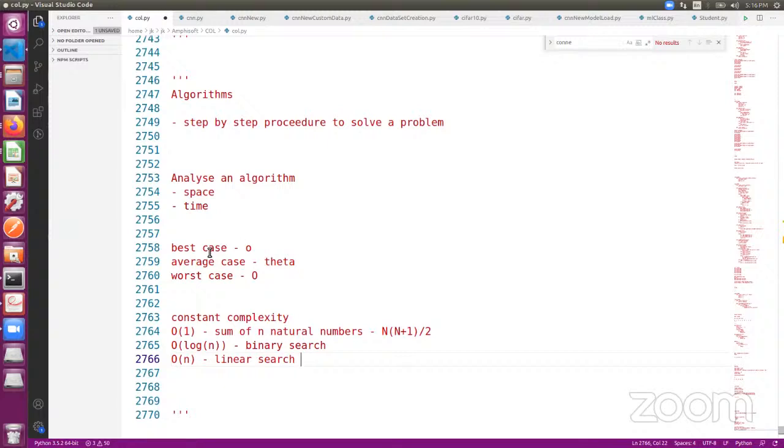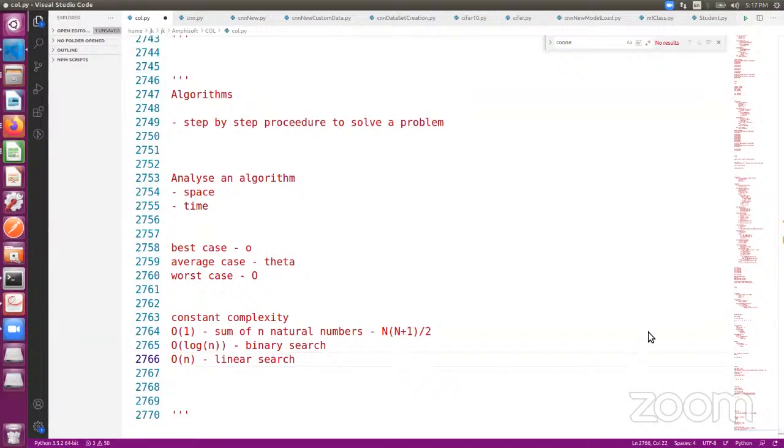While discussing best case, average case, and worst case, if there are 1 lakh elements, you have to search the entire set of elements. That is called linear search: searching the elements one by one. If there are 1 lakh elements, the worst case is going to be 1 lakh, right? If there are 2 lakh elements, the worst case is going to be 2 lakhs. So that is why it is order of n, linear search.